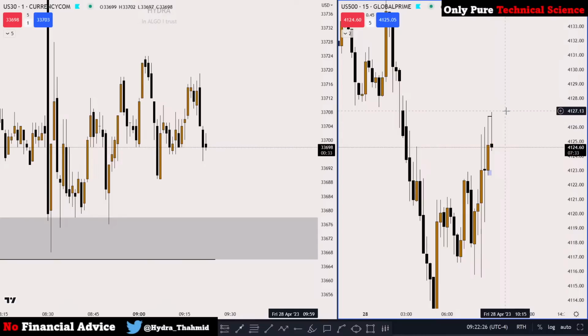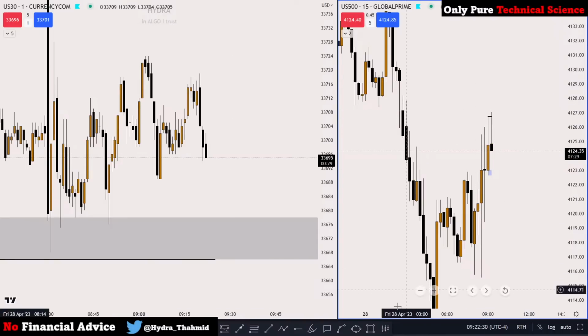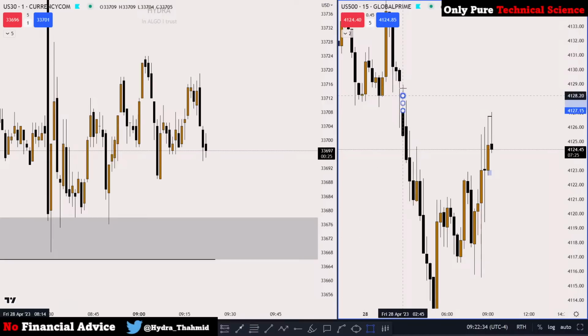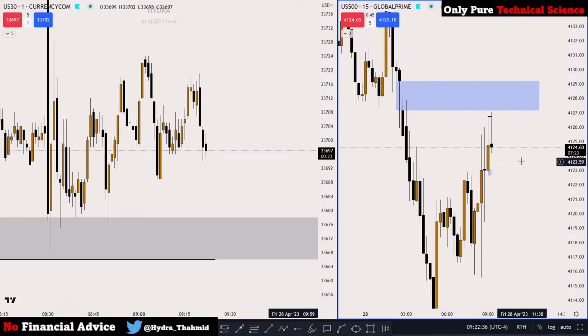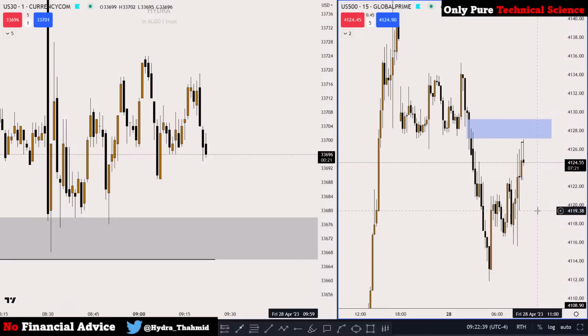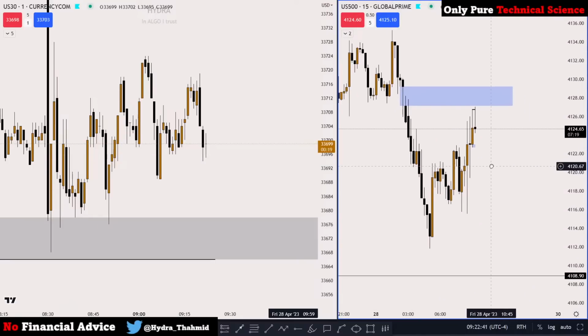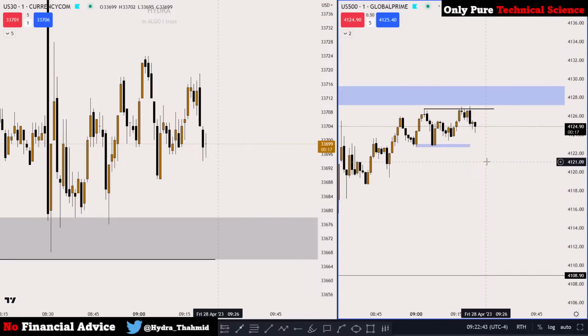Price tapped into this volume imbalance. It did or not? It didn't. So that's a volume imbalance on US 500. And did price tap into it? No. So I'm not going to take the macro that I'm seeing here because of the news, folks.